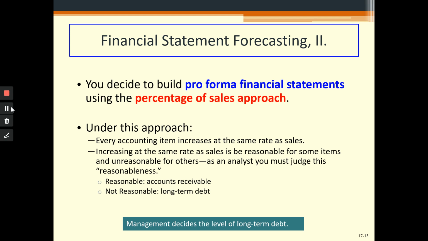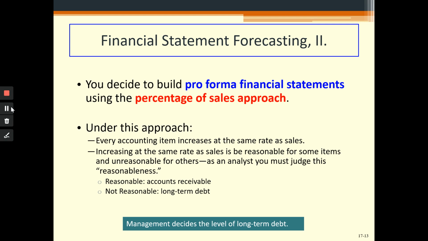Percentage of sales approach means that most of the items will remain at the same percentage level of the total sales of the company.